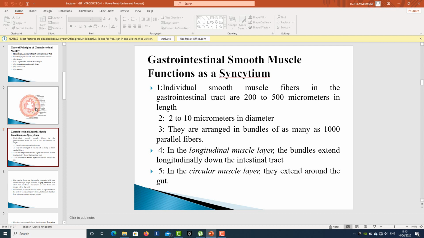They are 2 to 10 micrometers in diameter, and they are arranged in bundles of as many as 1,000 parallel fibers. In the longitudinal muscle layer, the bundles extend longitudinally down the intestinal tract, whereas in the circular muscle layer, they extend around the gut.